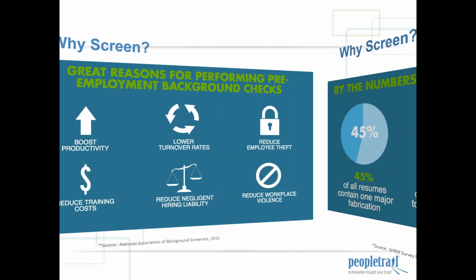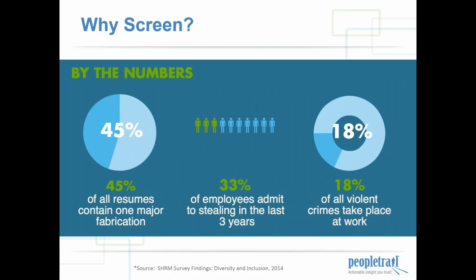So another great reason to screen is just looking at some of these numbers. This is a broader scope than just my organization, but our numbers fall in line with these pretty closely. So 45% of all resumes contain a major fabrication, and 33% of employees admit to stealing, and this is based on the last 3 years.